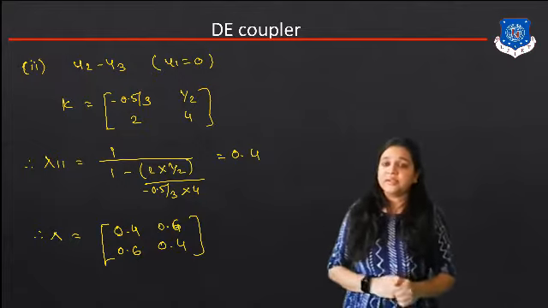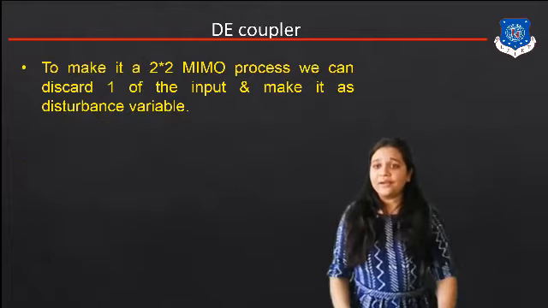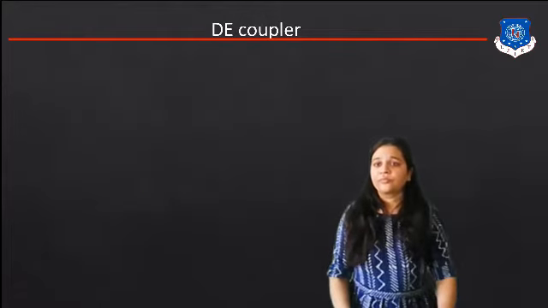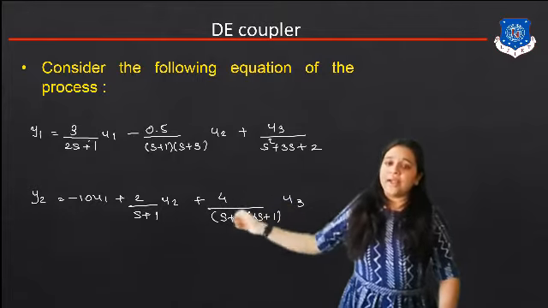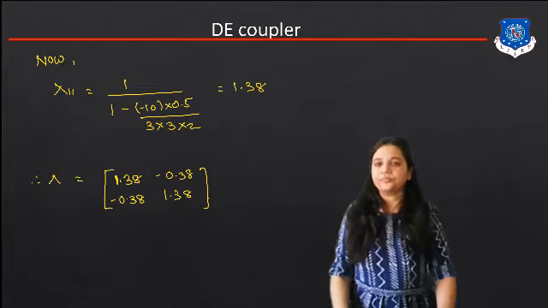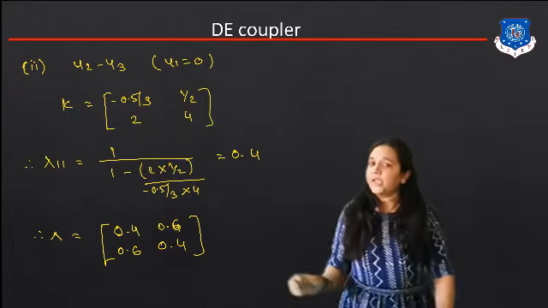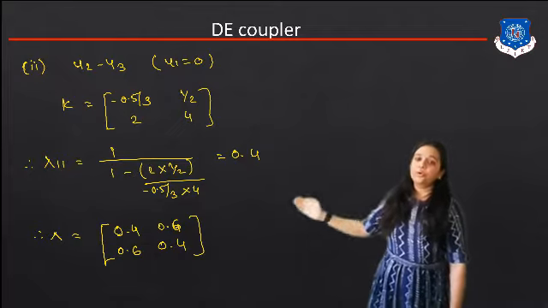Now the second possibility for the decoupler is we make u1 equal to 0. So the pair will be u2 minus u3. Using the standard equation for y1 and y2, we put u1 equal to 0. So we get K equal to 0.5 by 3, 1 by 2, 2 and 4.